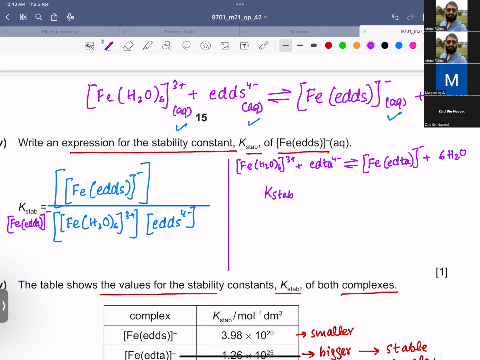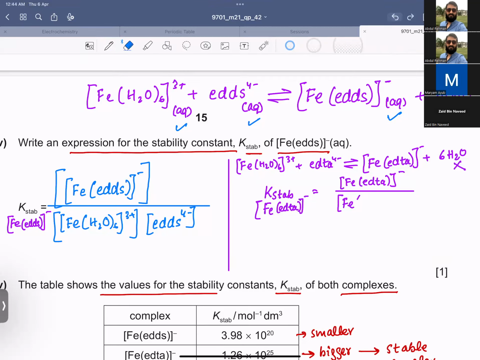Now if I write the K step for FeEDTA negative, then again I skip the water and I have this expression: FeEDTA negative over FeH2O6 3 positive and EDTA4 negative. Is this part understandable to everyone?